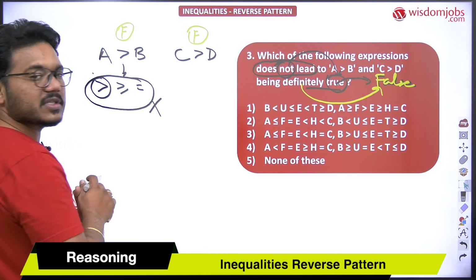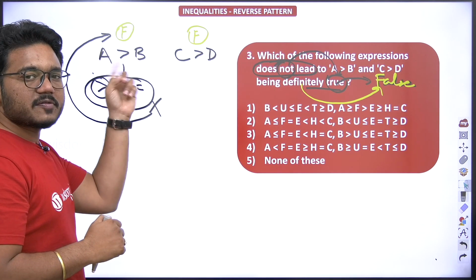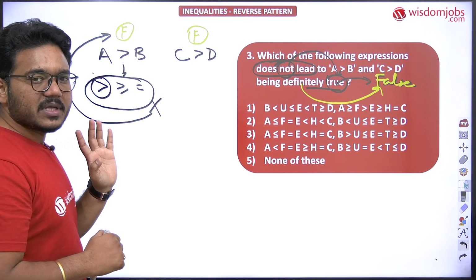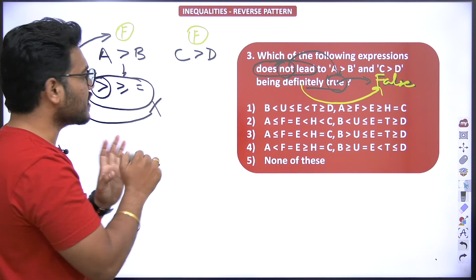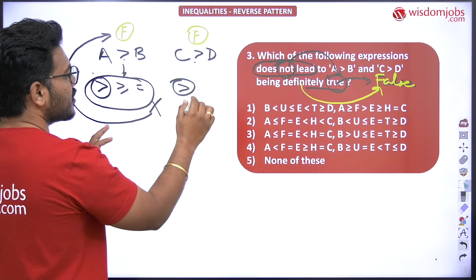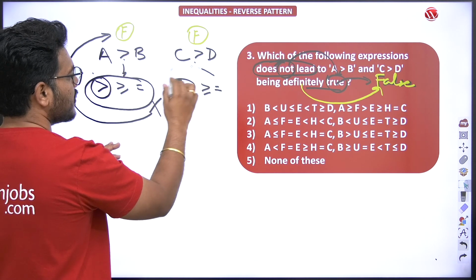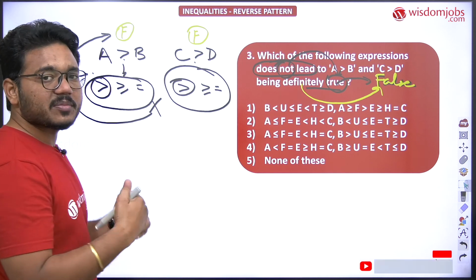If you are not following that arrangement, definitely this relation between A and B will be false. The same explanation applies here also. Both have greater, and as we explained, the greater symbol is compulsory, and whatever the possible arrangements among these three symbols, that will definitely make it true.